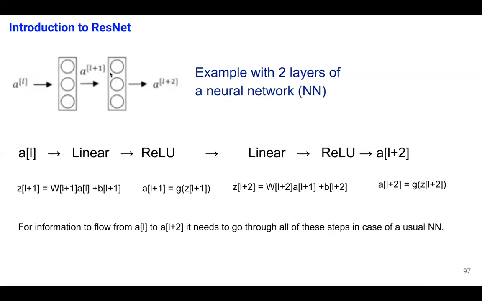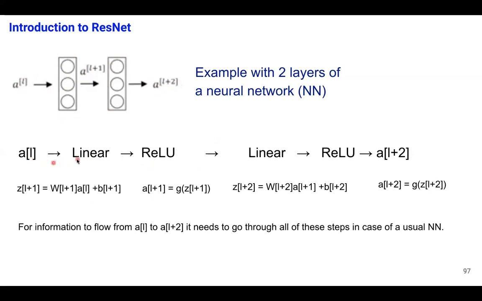This has nothing to do with ResNet yet. This is a simple network, or a big neural network, but I'm showing here only 2 layers of it. So A^L, the activation from layer L, is coming in, this computes A^(L+1), which goes to the next layer, which computes A^(L+2). So this is generally the way to do it.